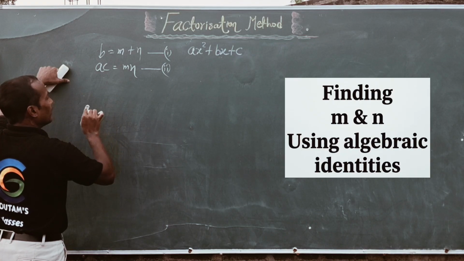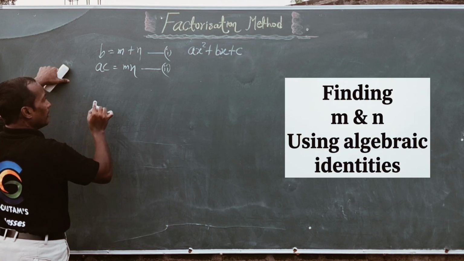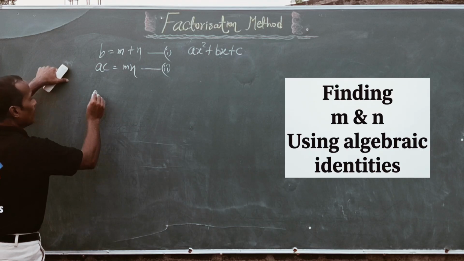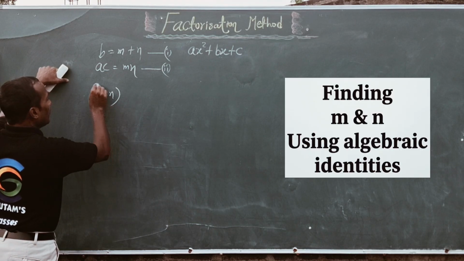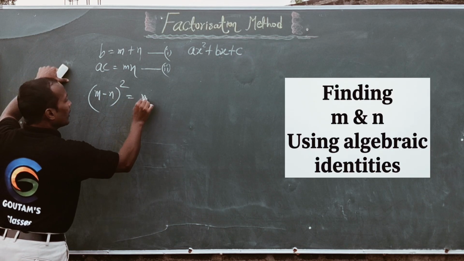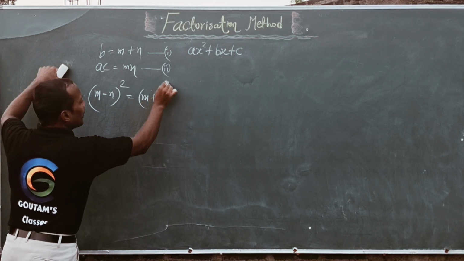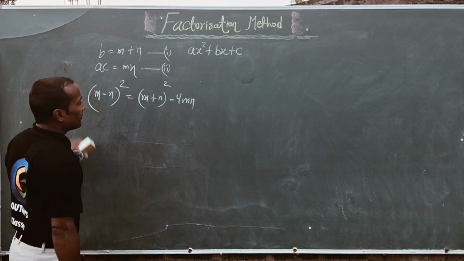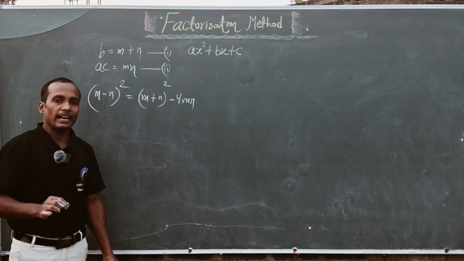I need M minus N. And yes, I can find M minus N with the help of algebraic identities. We know that (M minus N) whole square equals (M plus N) whole square minus 4MN, isn't it? This is the standard identity.